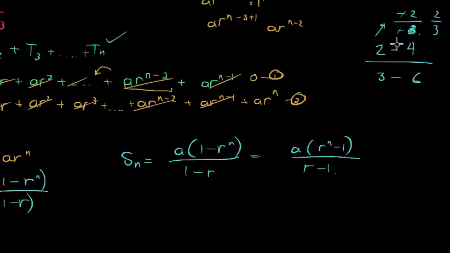If I just swap the top around, I get 4 minus 2 over 3 minus 6. So I get 4 minus 2 is 2 over negative 3. So do you see now, it should be positive, and now I'm getting a negative answer. So I must also swap the bottom around.